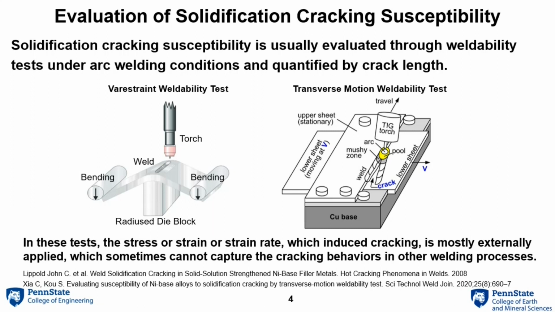In the transverse motion weldability test, there are two sheets to be welded together. The upper sheet can be fixed on the substrate, while the lower sheet can be moved with different speeds to generate different deformation rates or strain rates to the weld, and we can see how the material resists cracking or not.